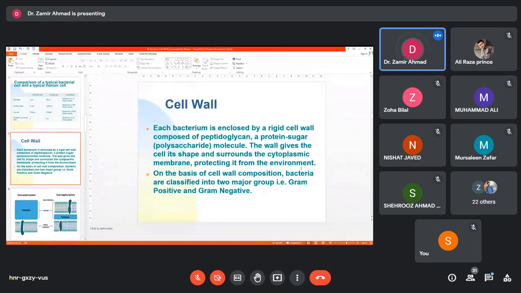On the basis of cell wall composition, bacteria are generally classified into two major groups. They are called gram-negative bacteria and gram-positive bacteria, depending upon the color which they give with the gram stain.